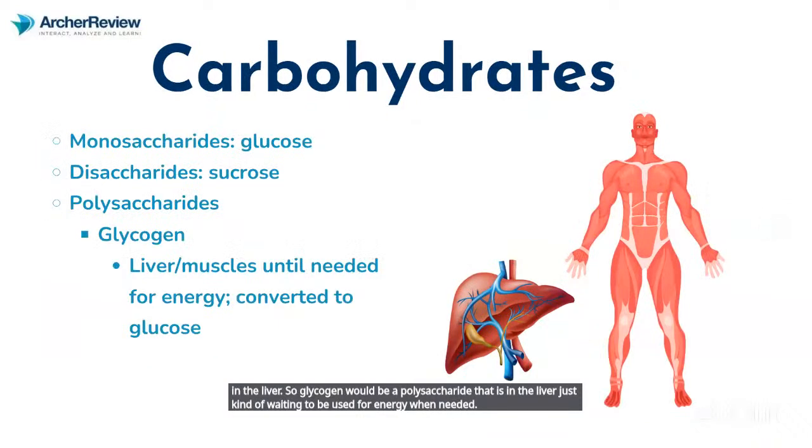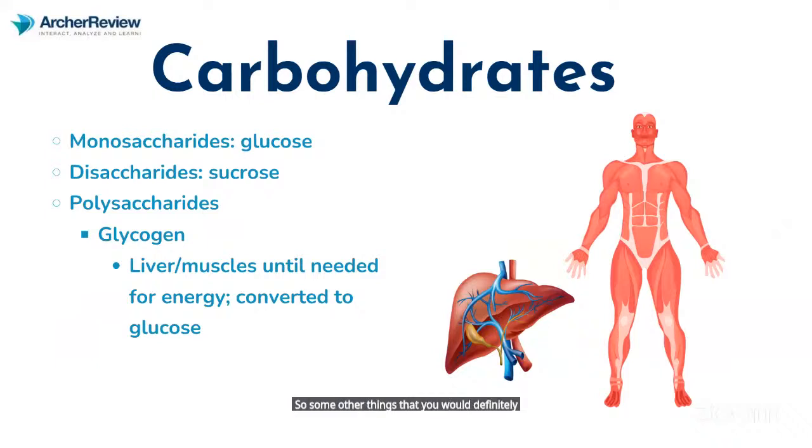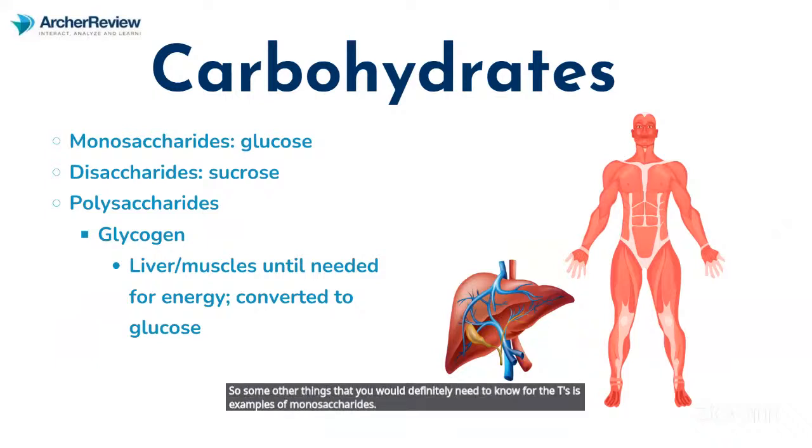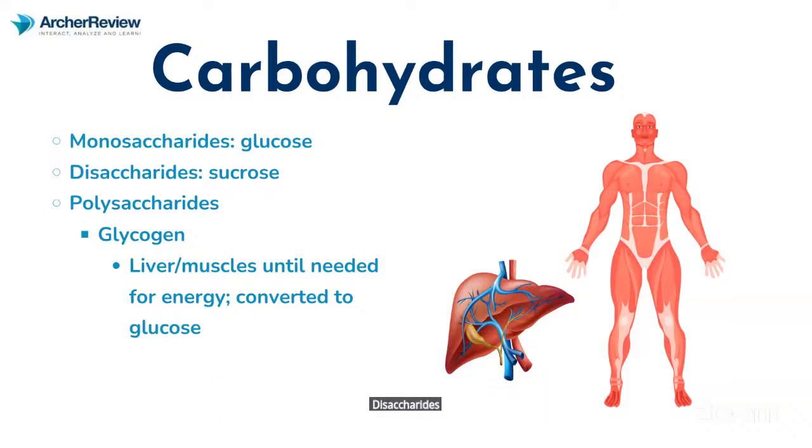So some other things that you would definitely need to know for the TEAS is examples of monosaccharides, disaccharides, polysaccharides, and so on. Our number one example of a monosaccharide is glucose. Glucose will get referenced a lot because glucose is the structure that we break down in order to form that ATP or that fuel. Disaccharides, let that prefix di right there help you. Di means two. Di, bi, those both mean two.